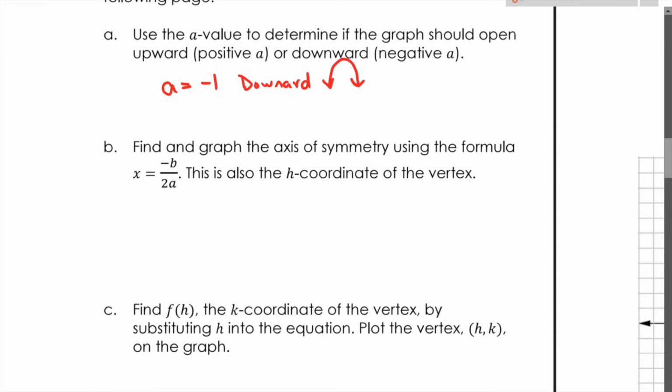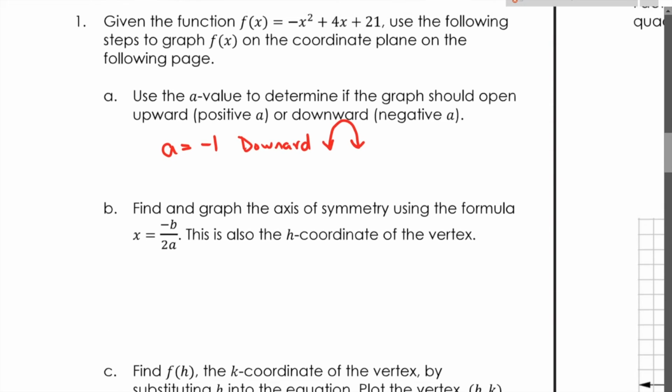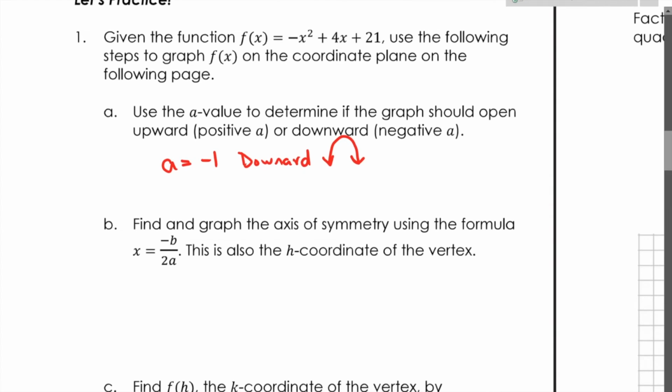We're going to find and graph the axis of symmetry using the formula x equals -b over 2a. This is also the h coordinate of the vertex. So again, this is our first step of finding the vertex. If you ever are told how to find the vertex, you find the x first and then plug it in. My problem is -x squared plus 4x plus 21.